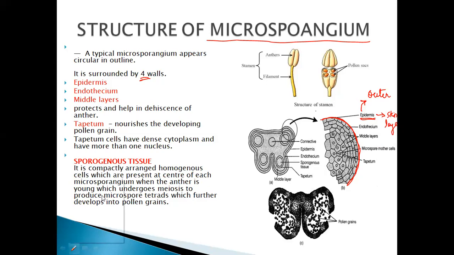So, epi means outer. Dermis means skin or the layer. The outer layer which is present in the microsporangia is known as epidermis, and it is a thin layer.